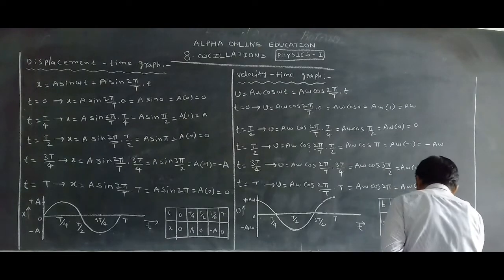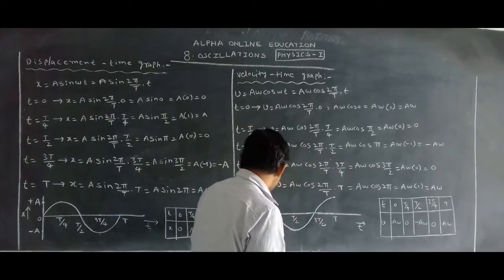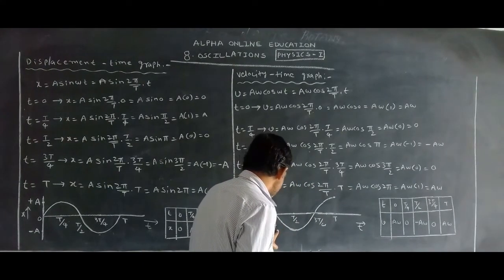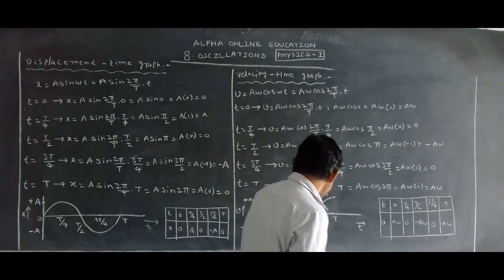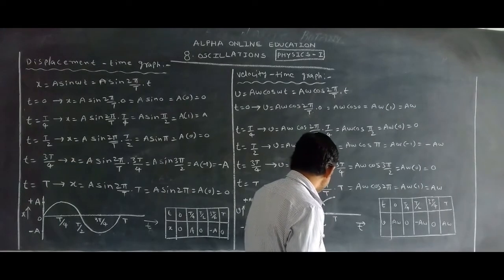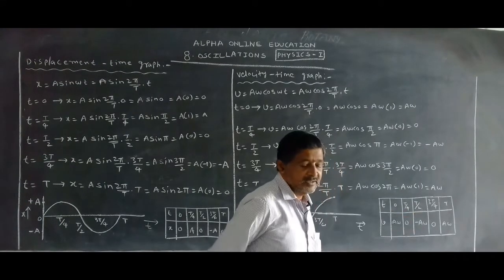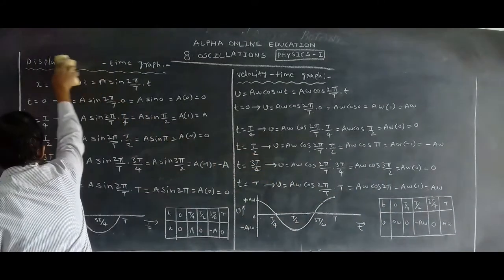This is the table. This is the graph. t is equal to 0, a omega. t is equal to T by 4, 0. t is equal to T by 2, minus a omega. t is equal to 3T by 4, velocity is 0. t is equal to T, v is equal to a omega. This is the velocity time graph.